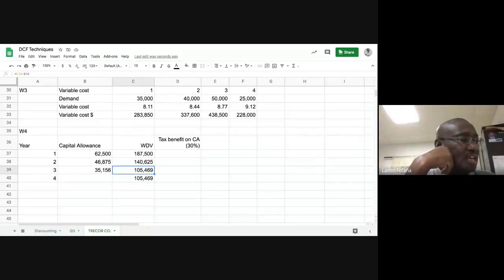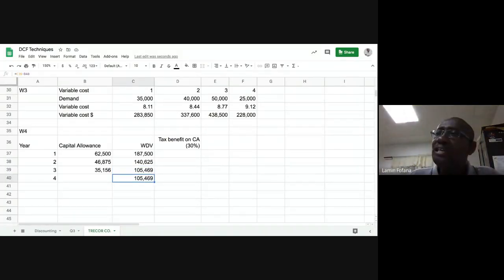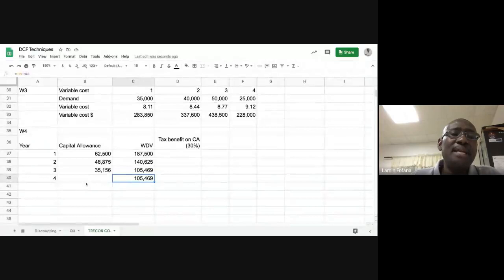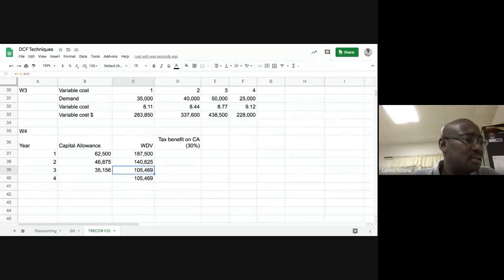Okay? Year 4 is the final year. As such, there should not be any written down value remaining. Why? Because in year 4, the asset was disposed of. Okay? So that means the capital allowance in year 4 is whatever remains in year 3, less the scrap value.